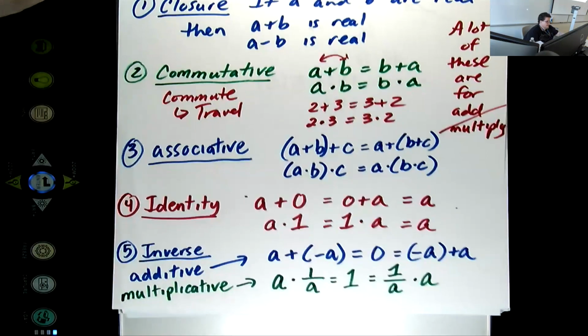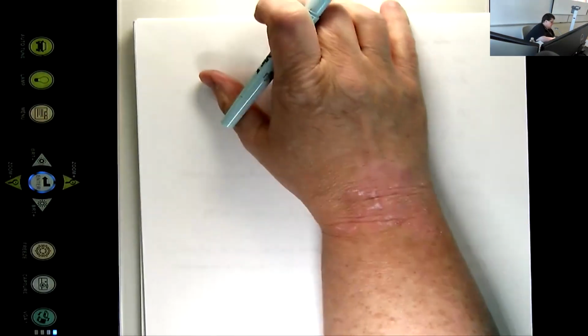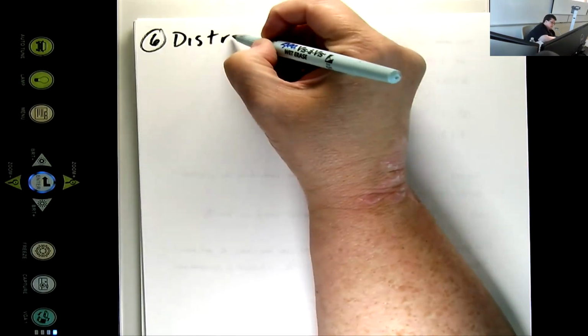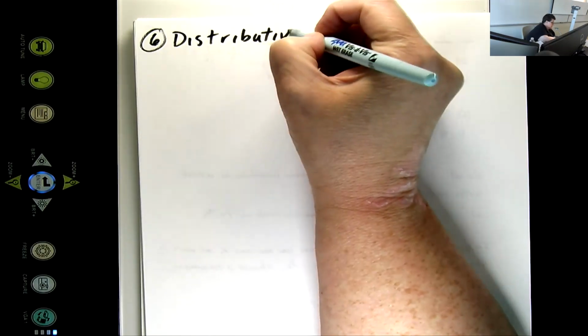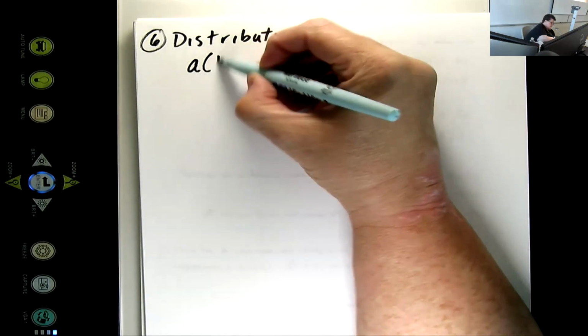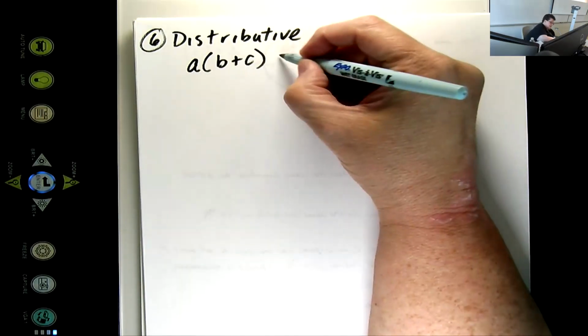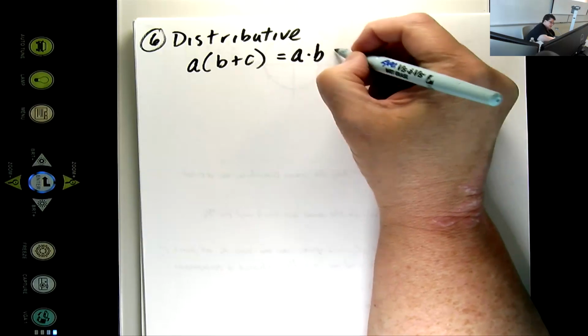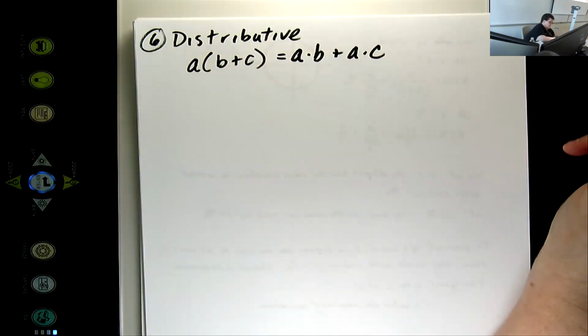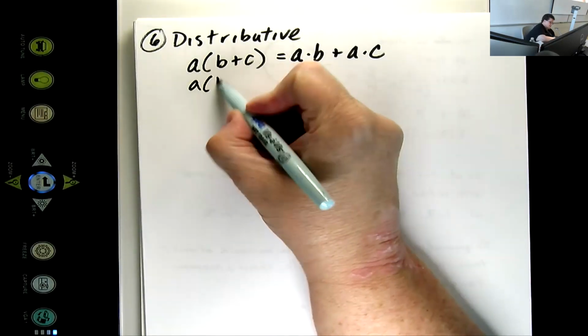We got a couple more. You guys ready? Trying to not go too fast. Number 6 is the distributive property. A times (B plus C) is the same as A times B plus A times C. And this works with subtraction as well.